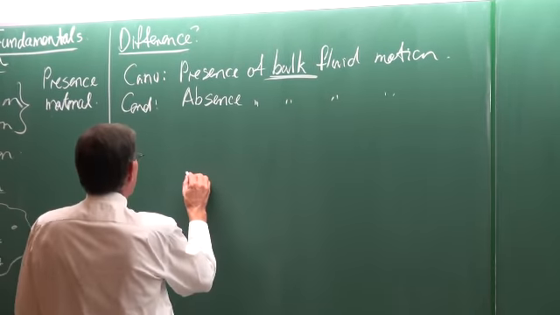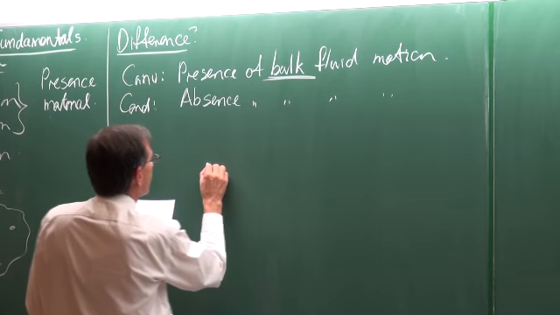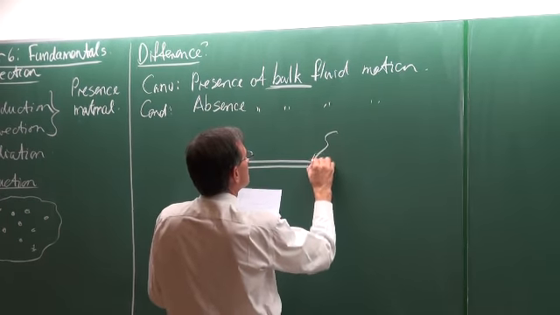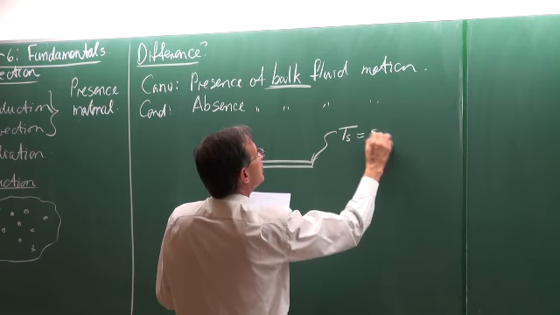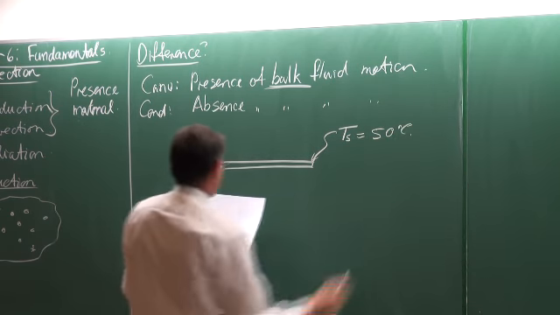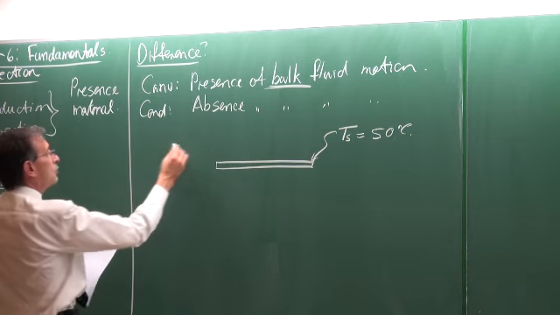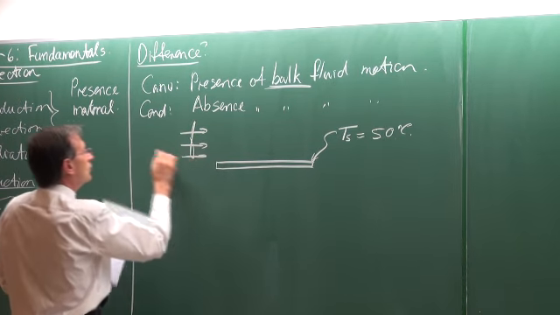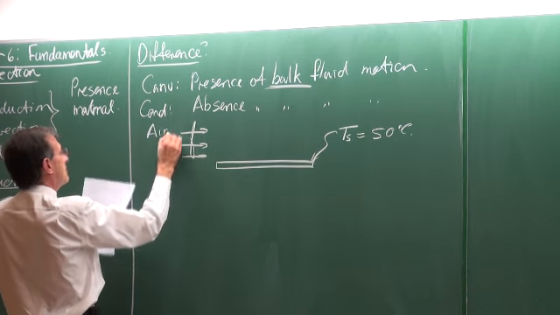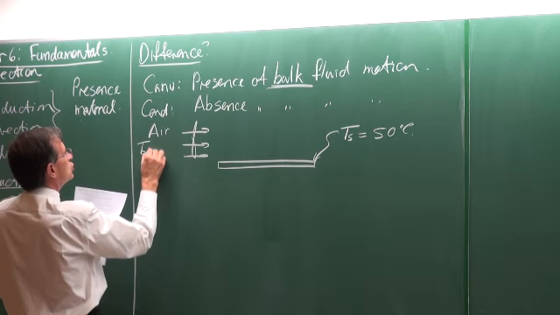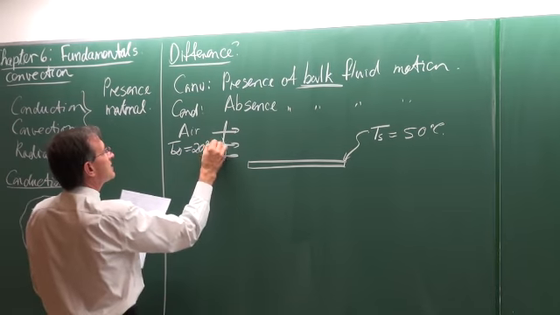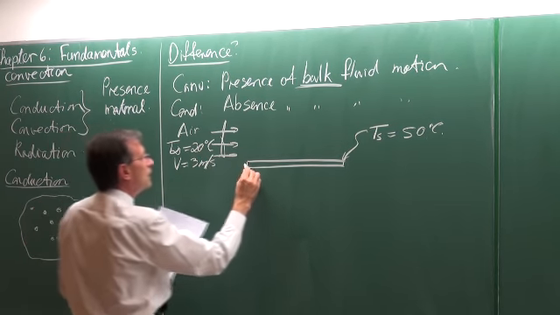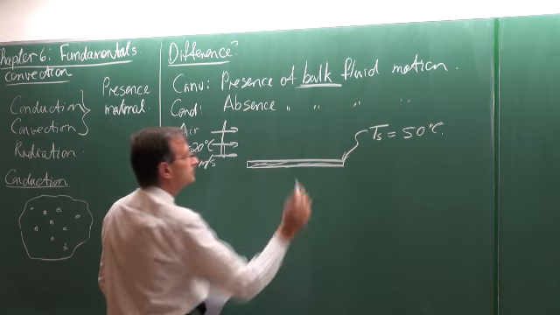Let's look at the case where we have a flat plate, which is at a temperature of 50 degrees Celsius. And we have a fan which is forcing air at 20 degrees Celsius and a velocity of 3 meters per second over this flat plate.